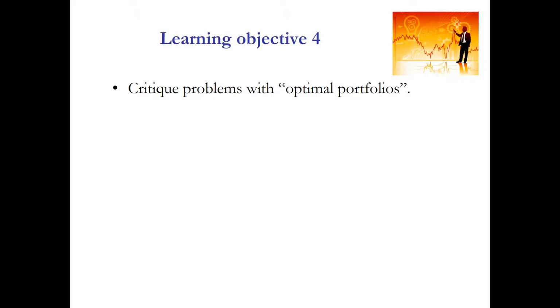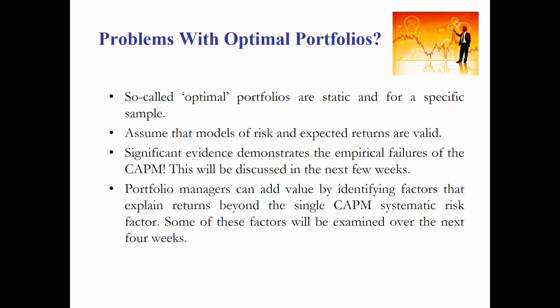Well, there are a few good reasons, and there are some problems with the optimal risky portfolios. In this learning objective, we explore those problems. First of all, so-called optimal risky portfolios are static for a specific sample period. That is, the model of portfolio selection is a one-period model.